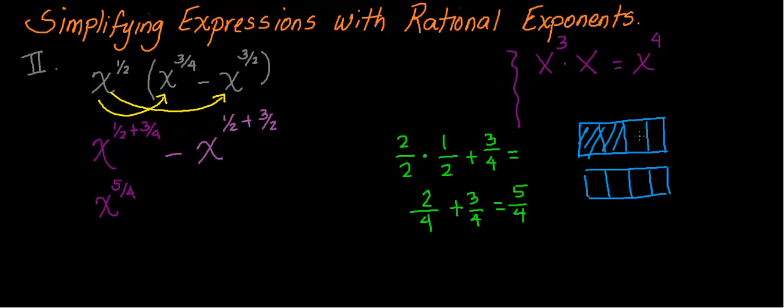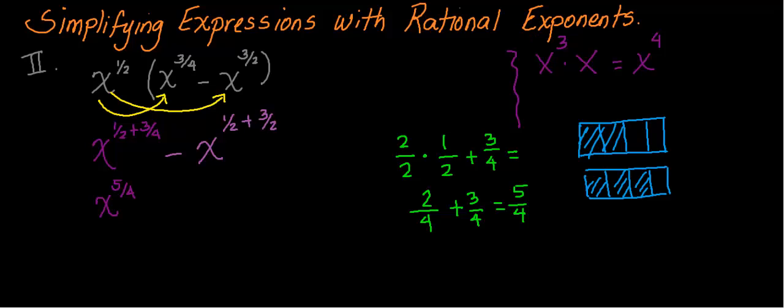That represents 1/2 of the rectangle, plus 3/4, that would be 3 out of 4. Now when I add each individual piece, each fourth, I have 1/4, 2/4, 3/4, 4/4, 5/4. So 1/2 plus 3/4 is 5/4. That's another way you can visualize adding fractions. I know students have a lot of problems with fractions. Okay, so we're done with this part.